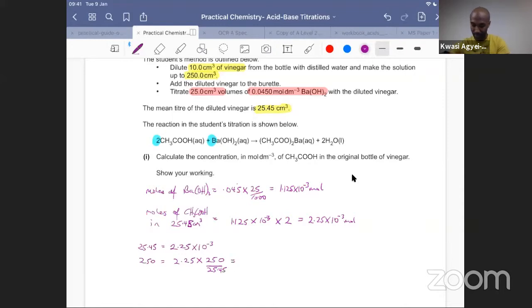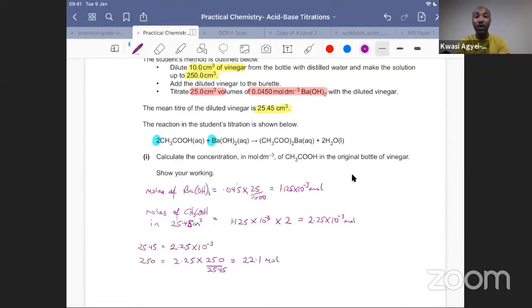If you do that, that gives us 22.1. What we've just done is worked out how many moles we've got in our 250 centimeter cubed solution. So 22.1 moles.